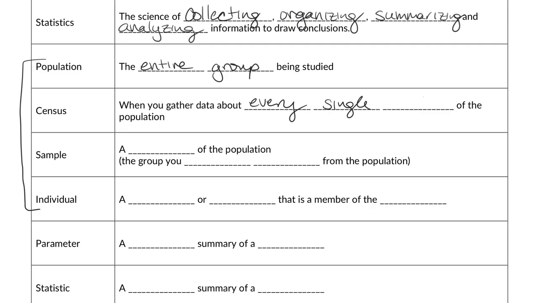Let me make that word legible. You know how we give out like surveys and like we say everybody should do this, but then the three people next to you in class didn't fill out that survey. A census will be taken when they make sure every single person fills out that survey. You don't send back your census, they call you on the phone and ask you the questions of the census. They have to get this information from every single person to have accurate information in a census.